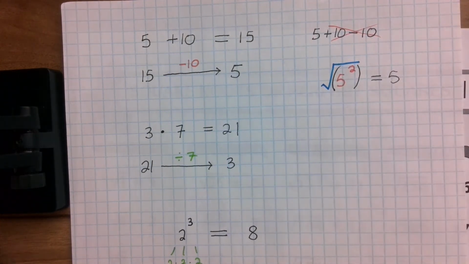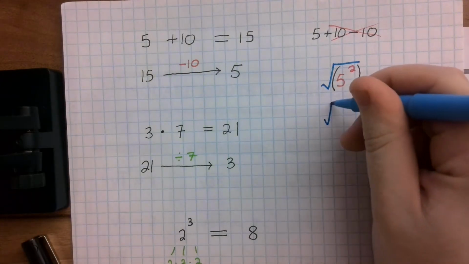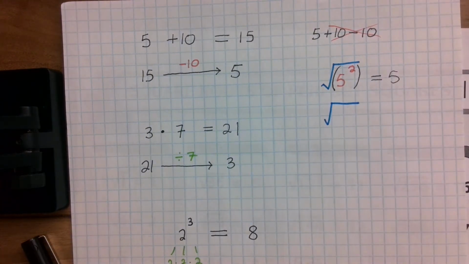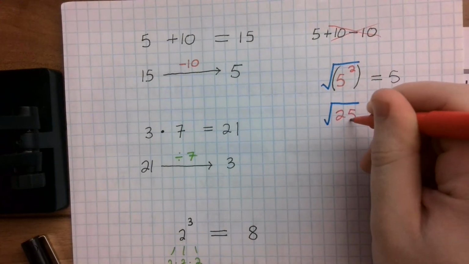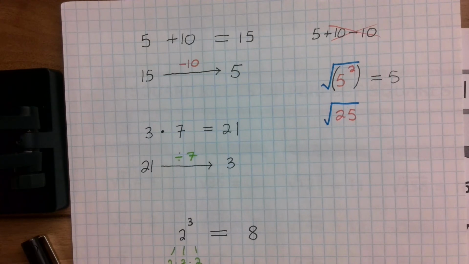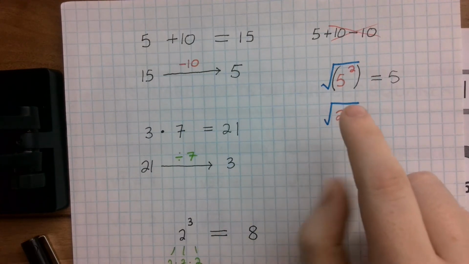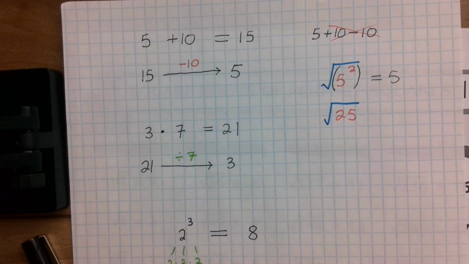So we want to do 5 squared first. So what's 5 times 5? Well, that's 25. Now, to explain the square root. The square root of 25 asks you the following question.